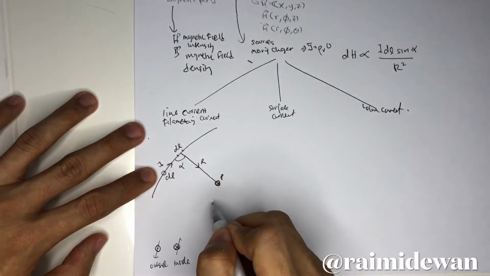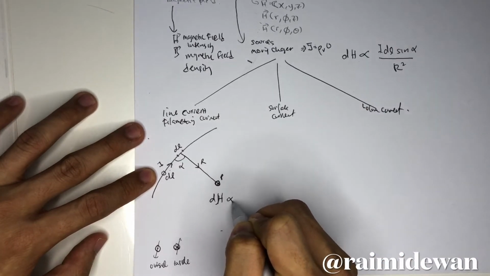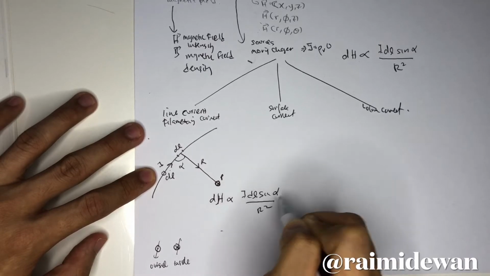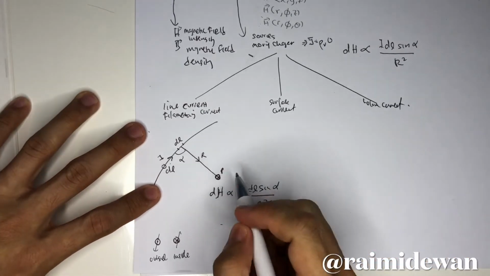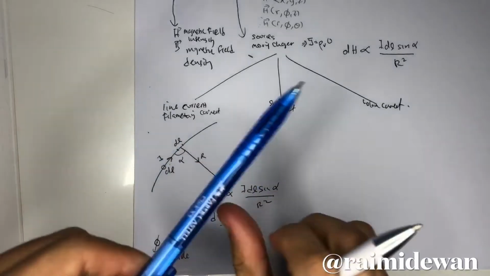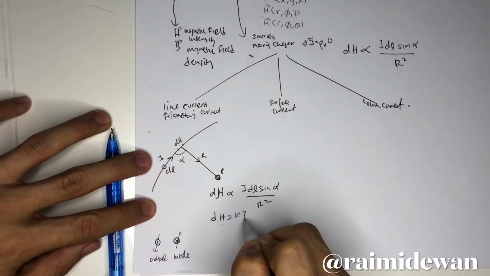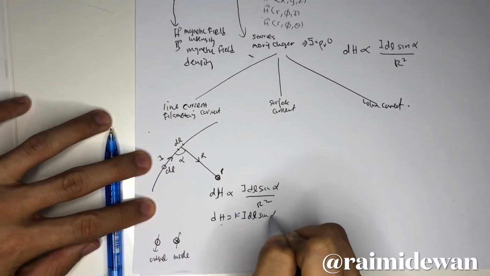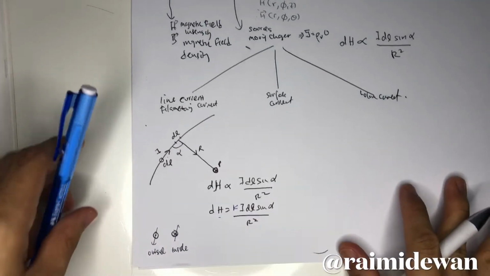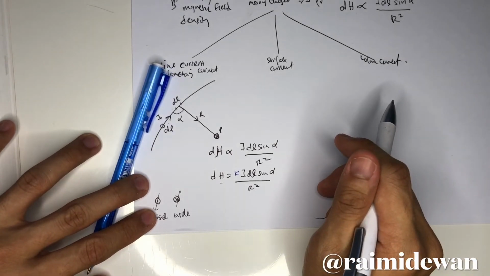So it is mentioned that dH is proportional to I dl sine alpha over R squared. Then when you want to make an equation, you need to introduce a constant.